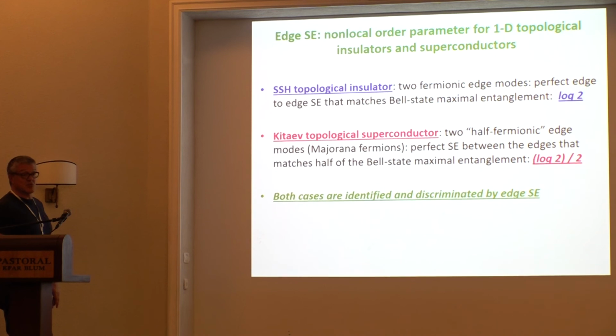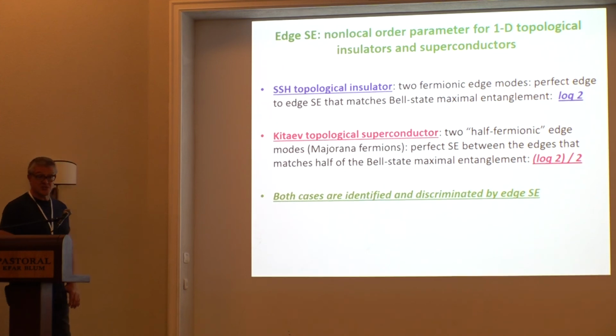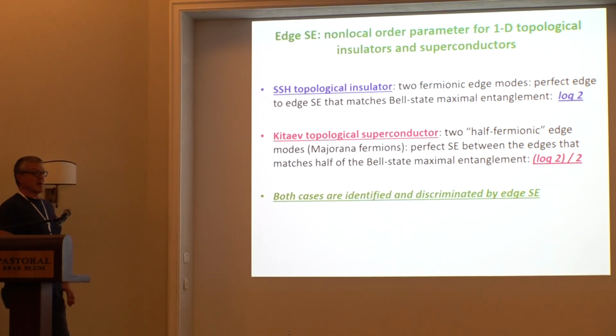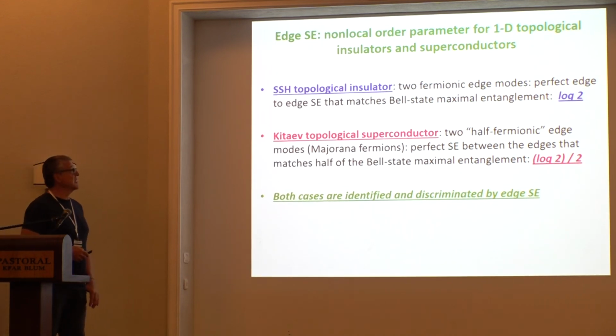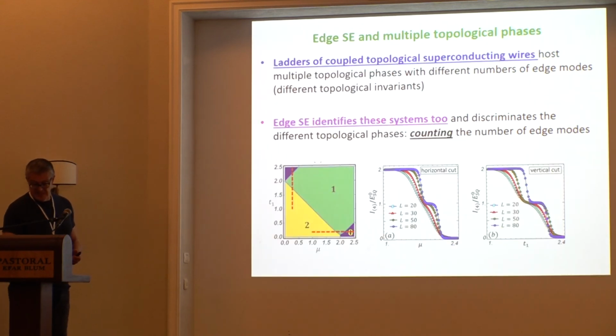That the squashed entanglement is the figure of merit of topological phases in one dimension. It measures faithfully the edge-to-edge long-distance entanglement, captures the essential physics of it, and discriminates between topological insulators and topological superconductors.